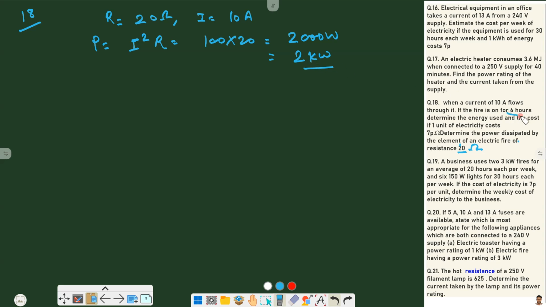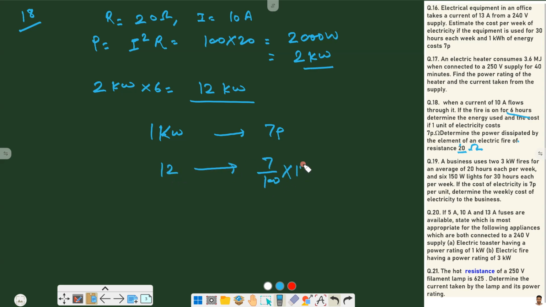It runs for 6 hours, so total consumption will be 2 kilowatt into 6, 12 kilowatt for 1 day. And cost for 1 unit or 1 kilowatt is 7 paise. So for 12 kilowatt it is 7 by 100 into 12, or 84 by 100 rupees, or 84 paise is the answer.